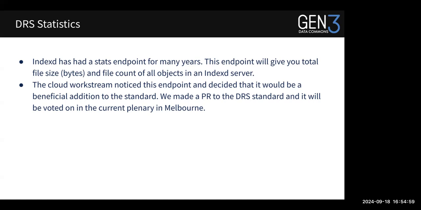Usually we just look for the +1s and 0s, and as soon as we count them up and it's all okay, we then release the new standard. If there are any -1s, we usually will have a talk with the driver project. I saw Brian O'Connor is on the call. He's the other API co-lead with me for the DRS standard. Next slide.